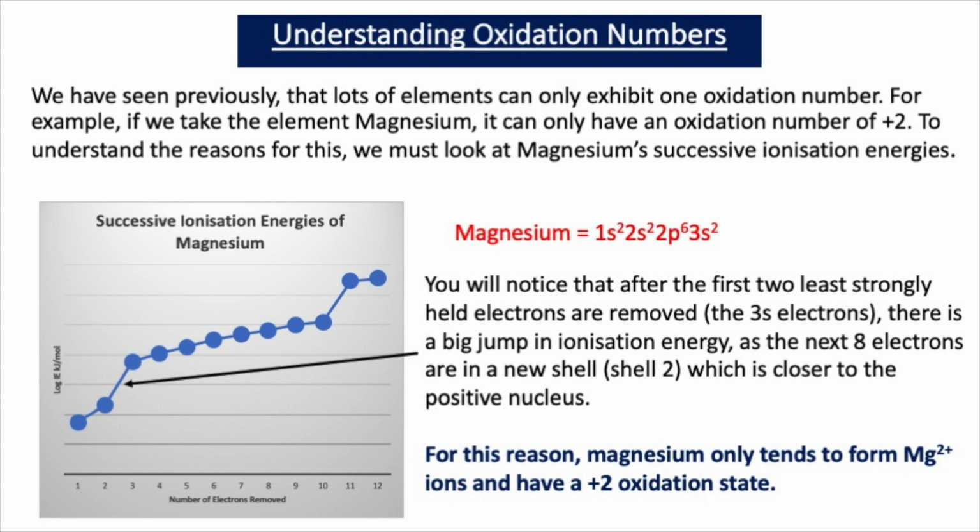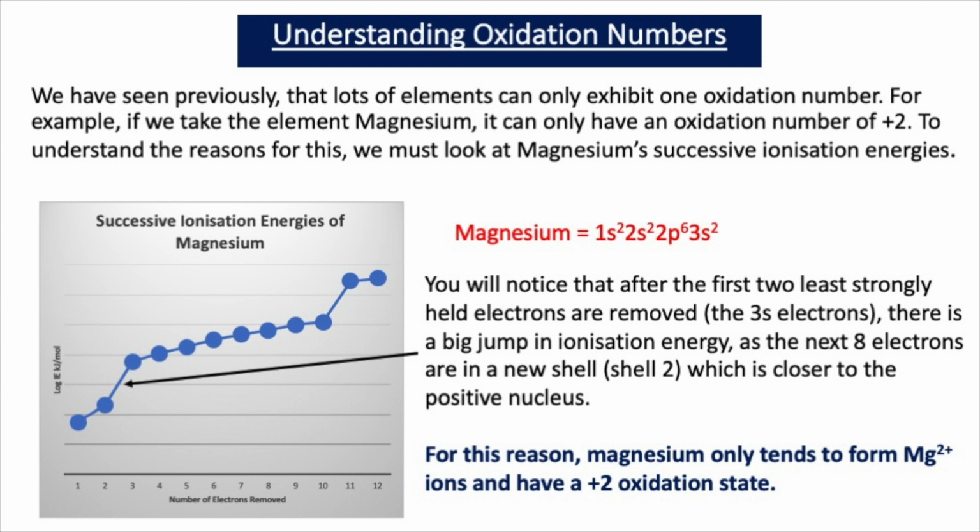Energy is required to remove electrons. However, energy is given out when bonds are formed. Because magnesium has 2 electrons in its outer shell, and these are the least strongly held electrons, once you remove them, the next electrons are being removed from a shell much closer to the nucleus, which requires a lot more energy.